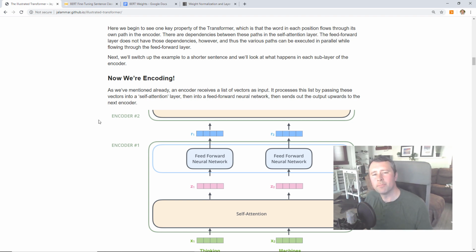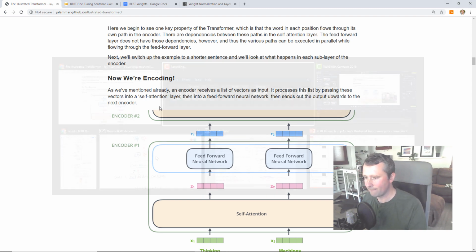Now, I think this point about parallelization is really important. Remember that at the beginning of the tutorial, Jay said that that was a big part of what sets the transformer apart from previous approaches, is that it lends itself better to hardware acceleration. So let's look at that again.